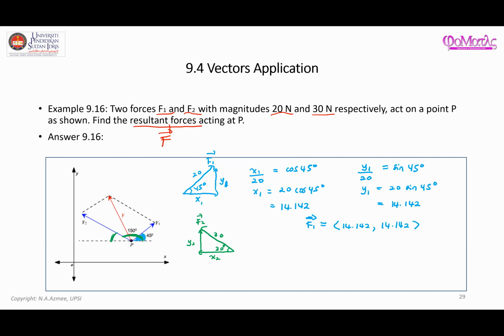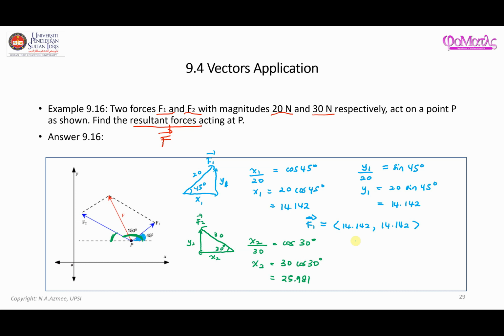Using the Pythagoras theorem, x2 over 30 is equal to cosine of 30 degrees. Therefore x2 is 30 times cosine of 30 degrees. When you punch the values into your calculator, you will get about 25.981.